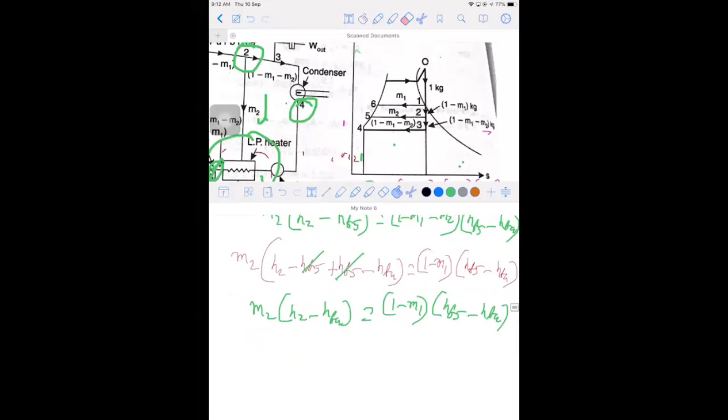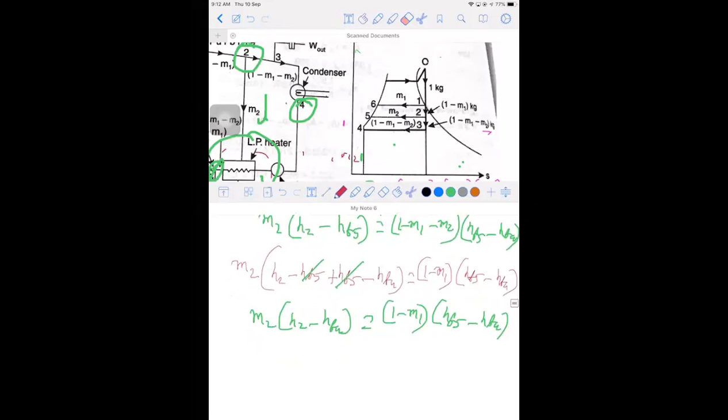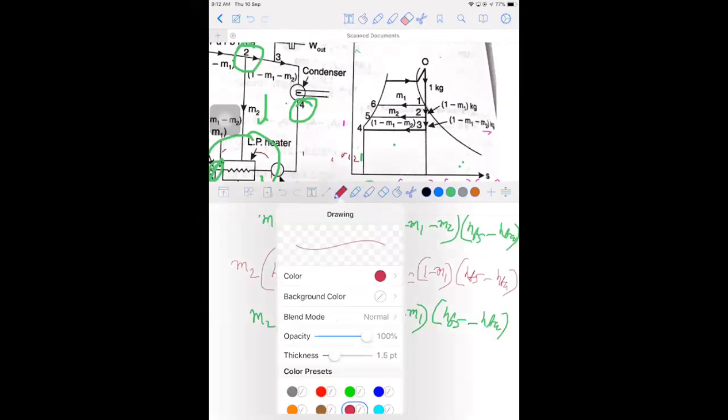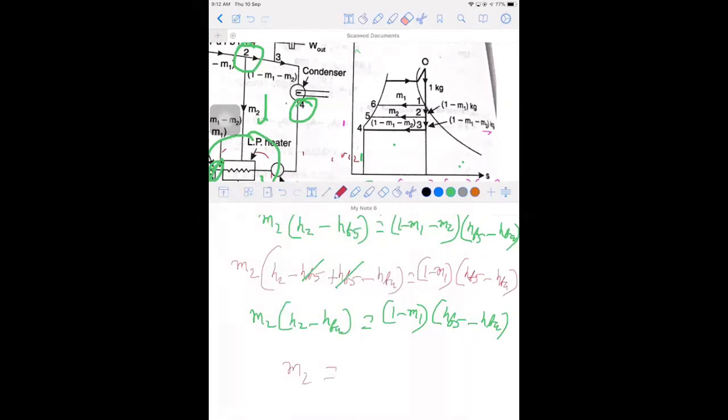In the subsequent stage, M2 is equal to 1 minus M1 into (HF5 minus HF4) divided by (H2 minus HF4).